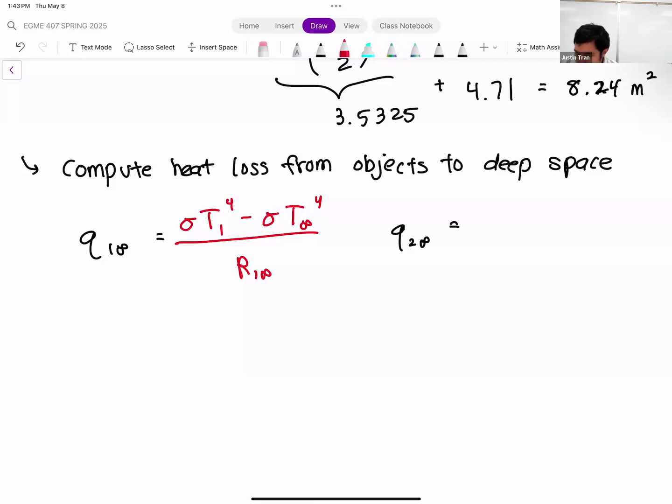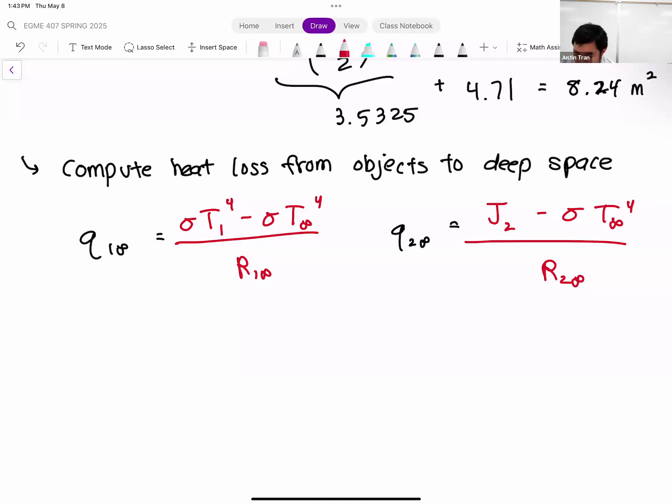Similarly for surface 2. Surface 2 is a gray body, so we're going to subtract J2. So we have J2 minus sigma T infinity to the 4th divided by R2 infinity. You have most of the numbers that you need for this one.